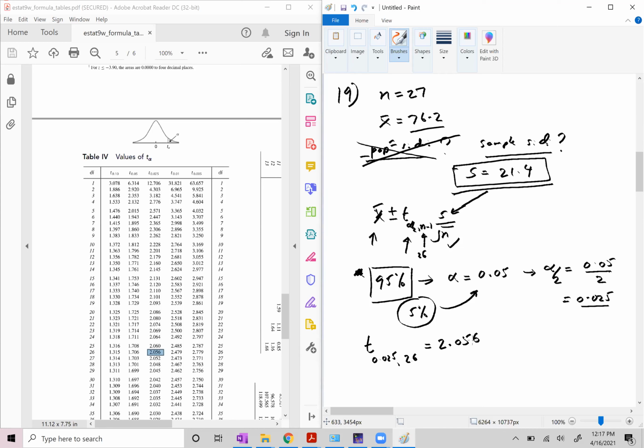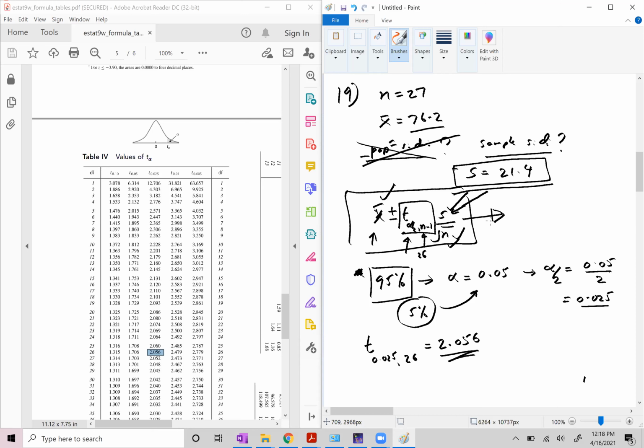Now we have everything we need. We simply need to use this equation, and we know x bar is given, s is given, n is given. We just found this value, which is 2.056, using the table. Now let's plug in the values.